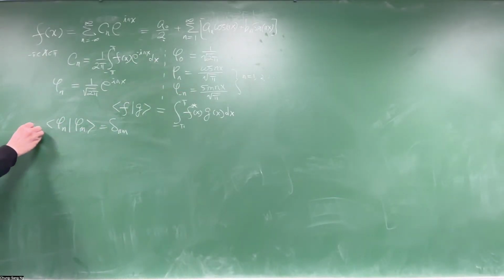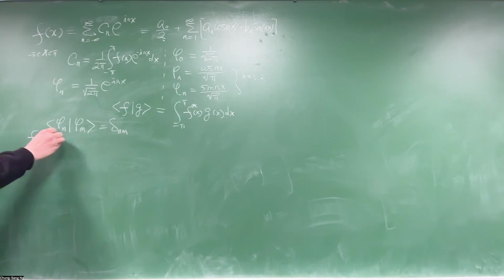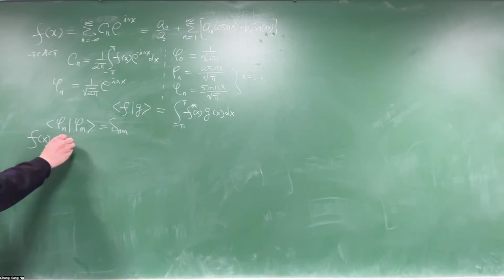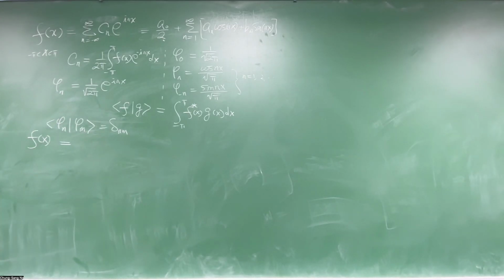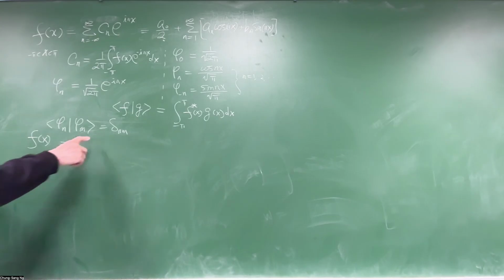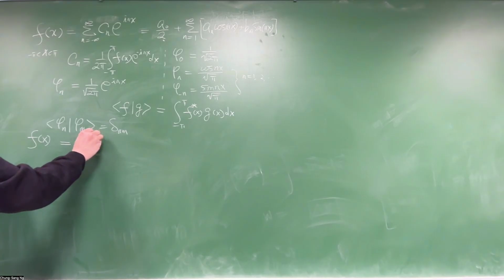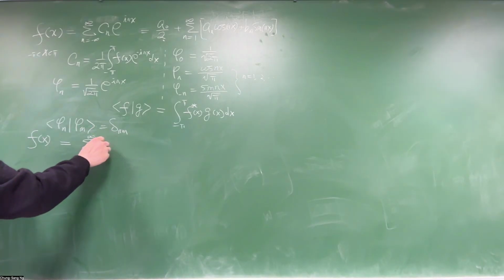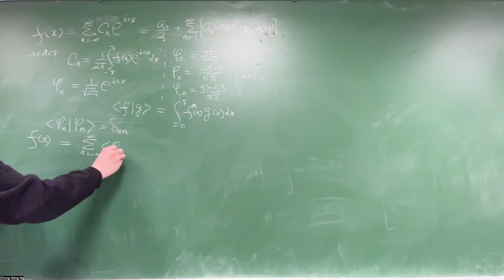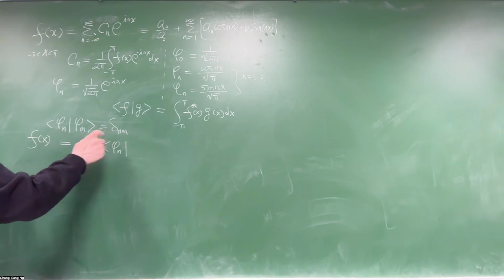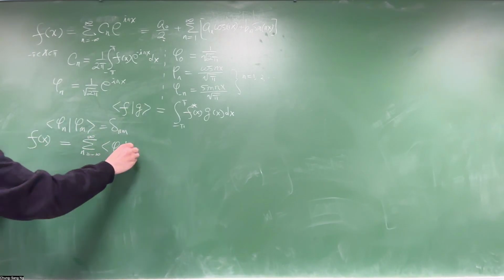And then you can write the expansion, now using this general notation, as a sum over n of phi sub n times the scalar product between phi sub n and f.